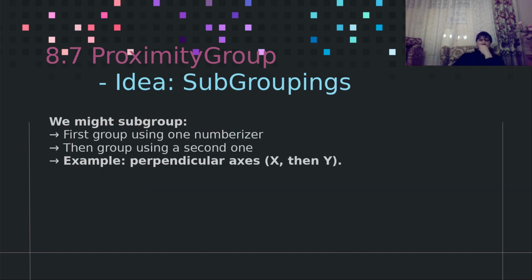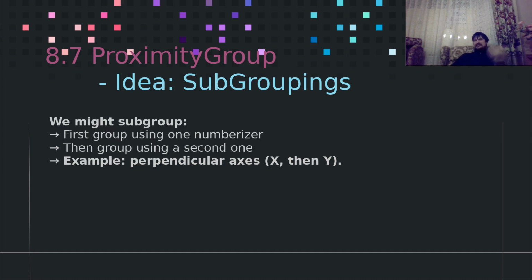Okay. So another idea is subgroupings. So we might create subgraphs, not just graphs. First group your elements using one numberizer. Then group those groups, like the elements in these little groups, using a second numberizer.